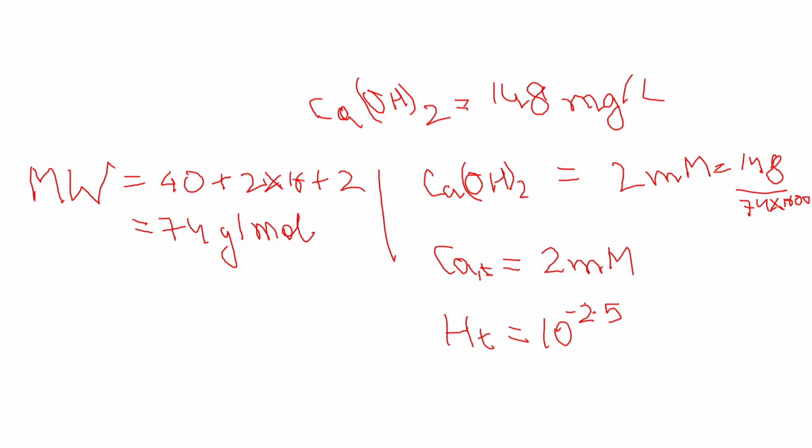Now hydroxide is being added to the system, and as we know, if there is hydroxide in the system, it will take H plus and form H2O. So obviously the H plus concentration will decrease. Let's see how much it will decrease by the addition of calcium hydroxide. We have 2 moles of hydroxide for each mole of calcium hydroxide, so 2 into 2 into 10 raised to the power minus 3.